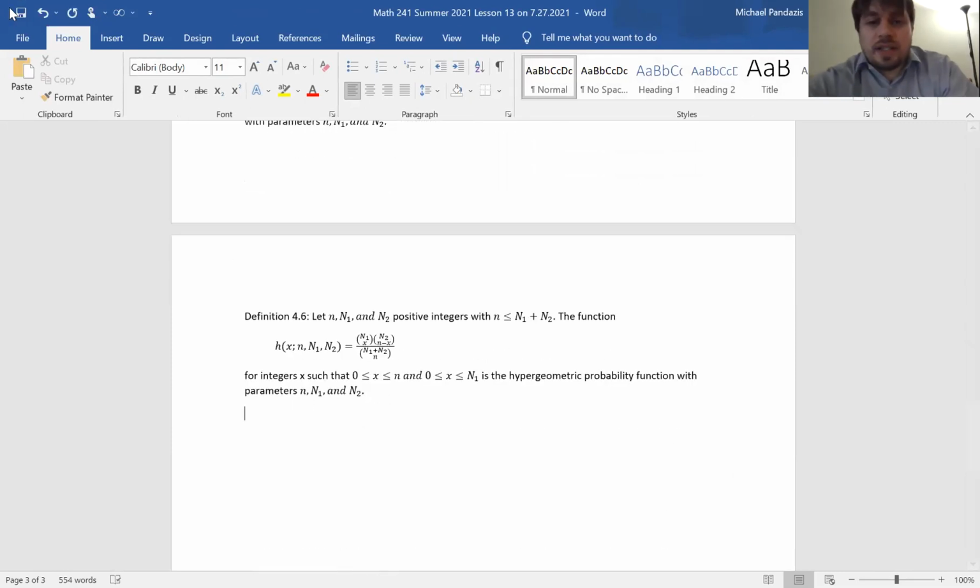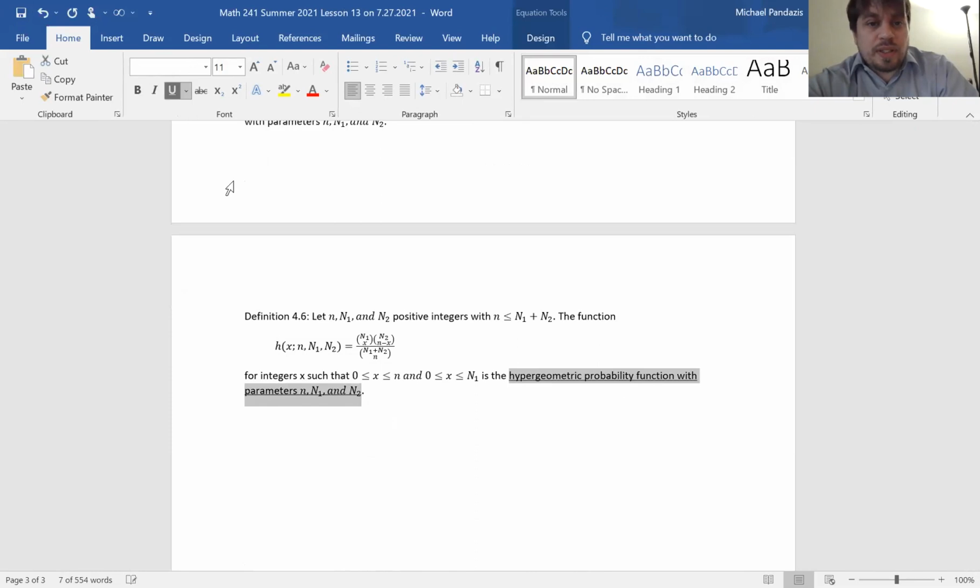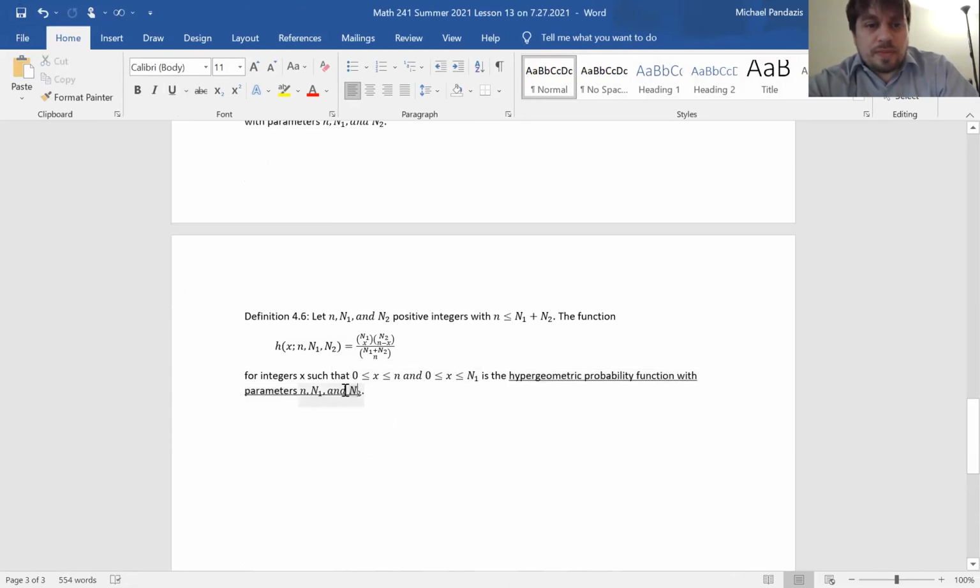Now, underline that so that this can be read easier. Okay, so that's that definition.